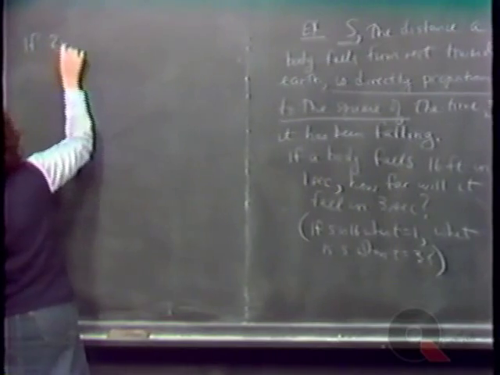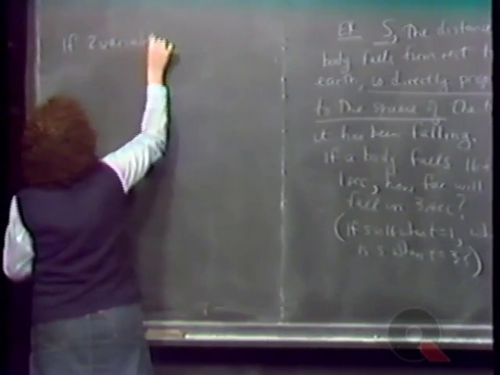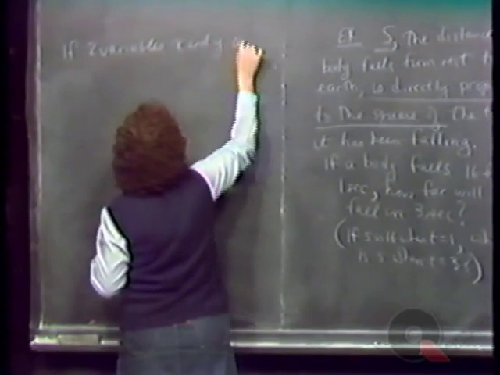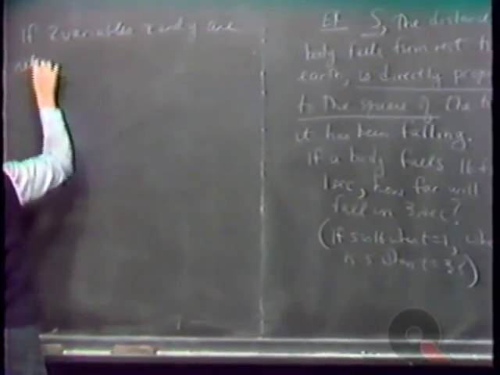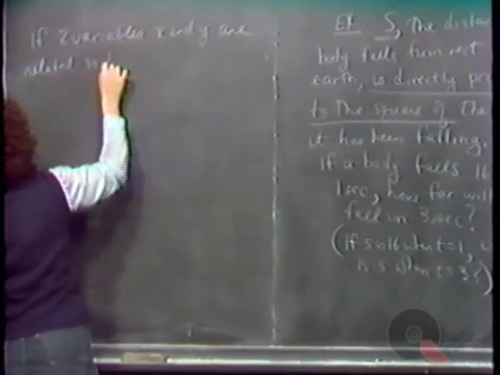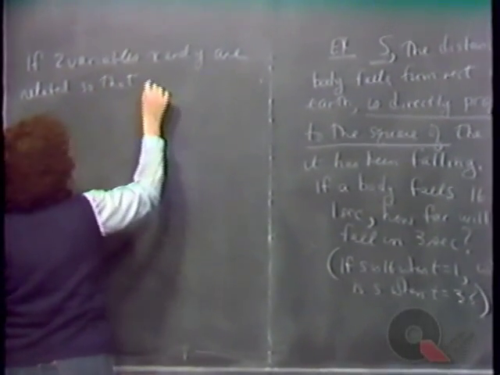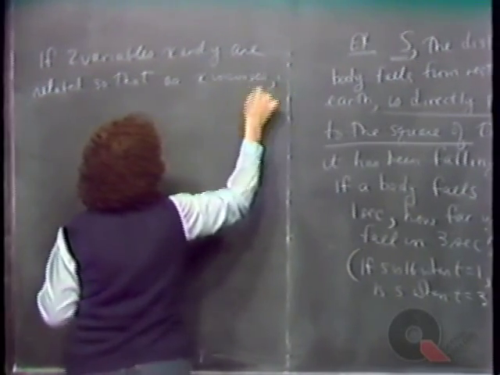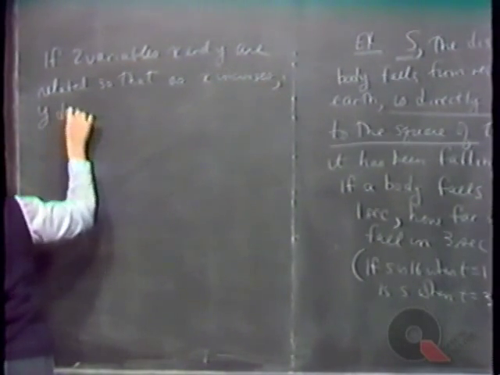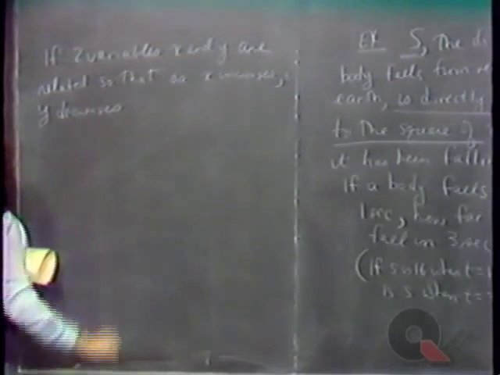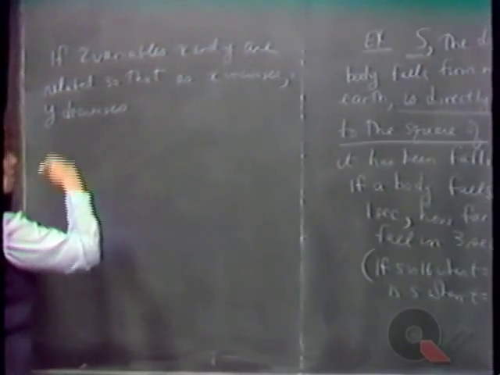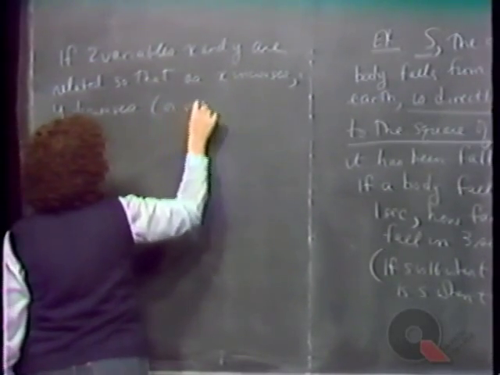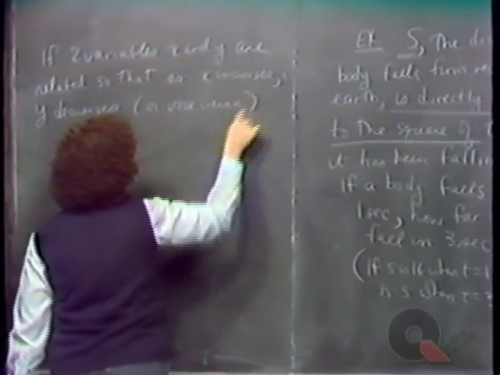If two variables, x and y, are related so that as x increases, y decreases, or vice versa. In other words, as x decreases, y increases.